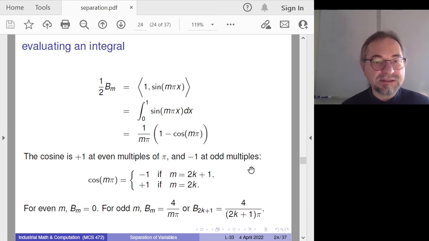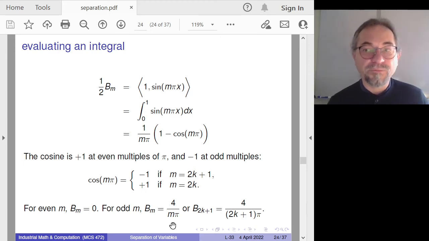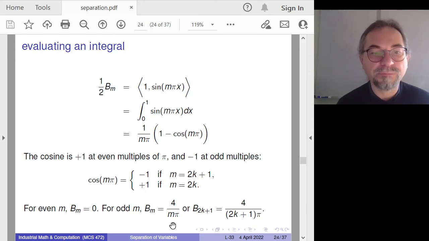What this means is that we have an explicit formula. So here at the center of the bottom line of the slide, for convenience, we go over to another index. So we are having k running from 0 to infinity, not from 1 to infinity, but from 0 to infinity.